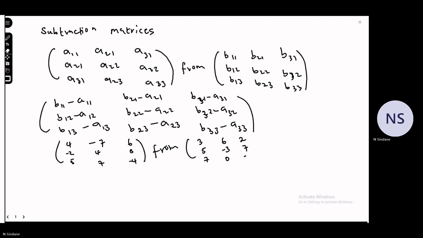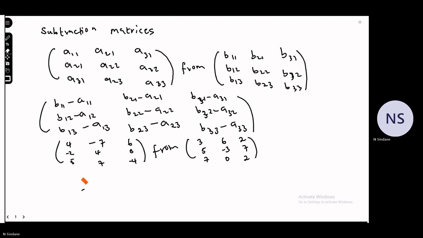It means this will be 3 minus 4. Sorry about that, let's do that right. Remember, we are subtracting this from that, taking this out from that.